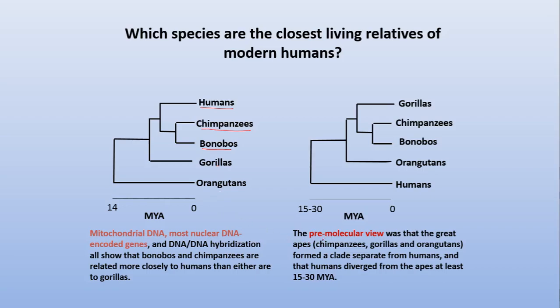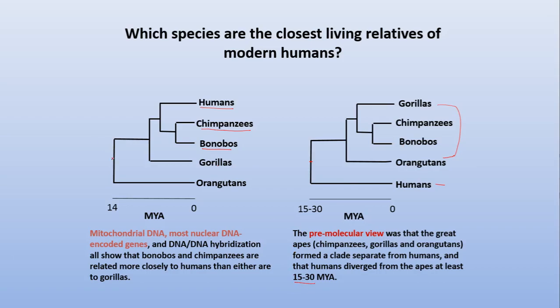On the contrary, the pre-molecular view of evolution was that the great apes, which include chimpanzees, gorillas, and orangutans, form a separate clade from humans. The common ancestor of humans was believed to have diverged from the related apes some 15 to 30 million years ago.